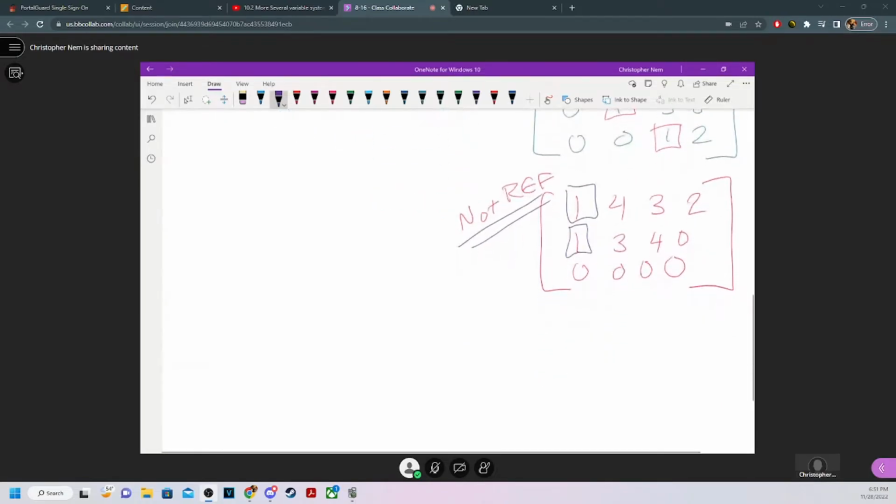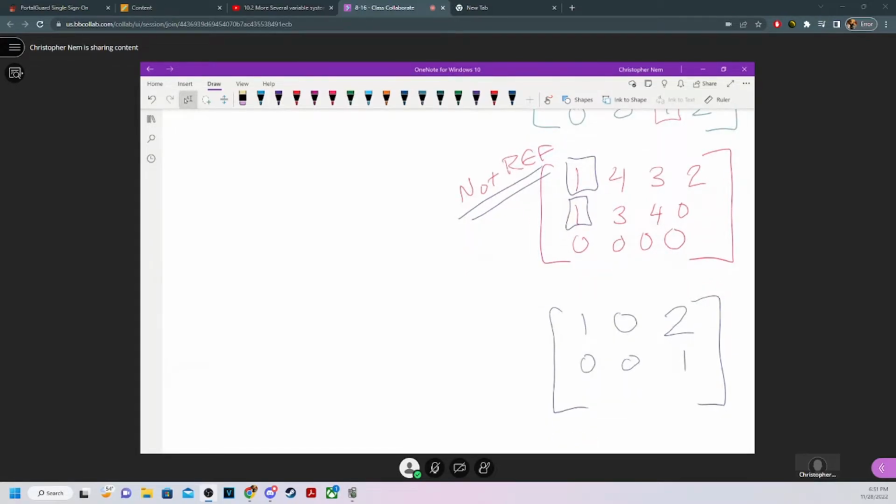And the final example I'll give you is this. In this particular case, we have 2 leading entries. Now, this system might not be consistent, but is it in row echelon form? Yes, it is.